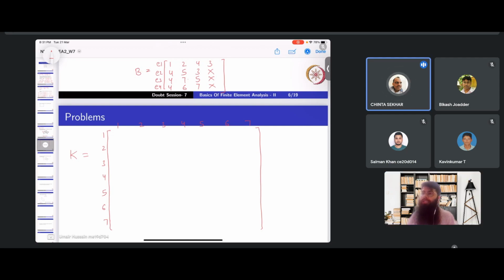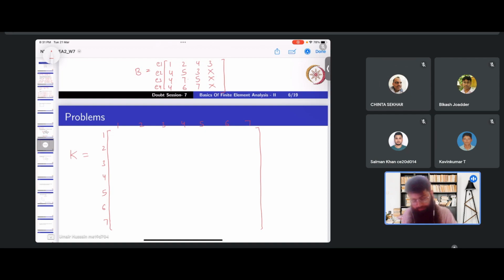But if degrees of freedom are mentioned, then we have to concentrate on them, because if a degree of freedom is constrained, that is zero. If degrees of freedom are not given, then we take the number of nodes directly, and that decides the global matrix size. But when degrees of freedom are there, we should check properly and consider them. Okay, I'm following, sir. Thank you so much.